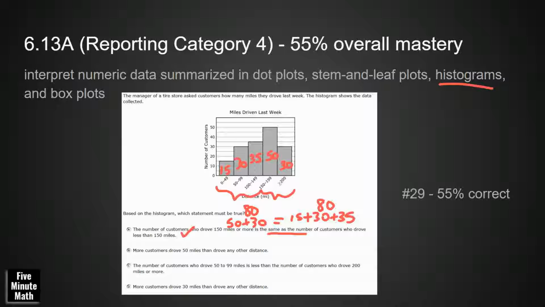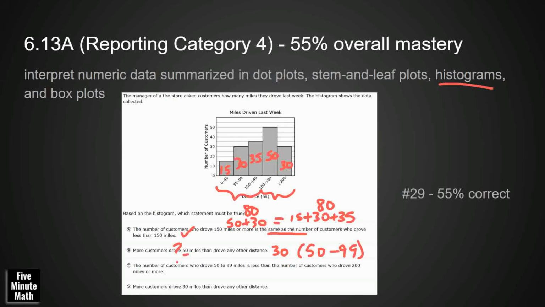But as always, we need to verify the other 3 are incorrect first. So more customers drove 50 miles than any other distance. Well, first off, I can't evaluate this because I have no idea how many drove 50 miles. I know that there are 30 people that drove 50 to 99, but of those 30, I don't know how many drove exactly 50.